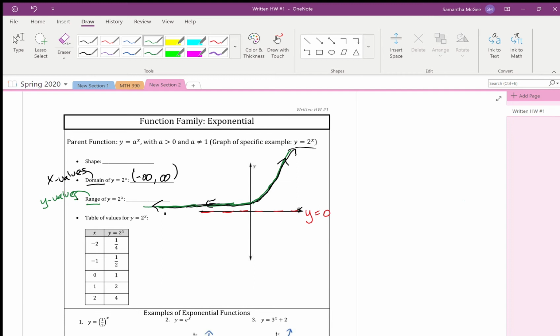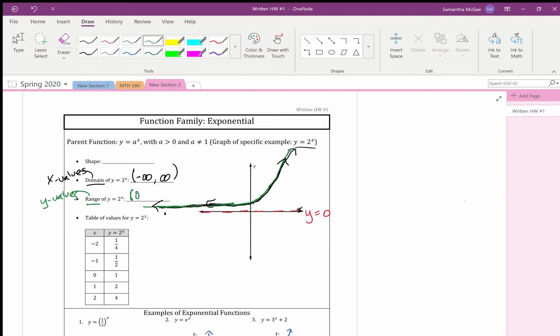To indicate that we're not including 0, we use a parenthesis. That says that we can get super duper close to 0, but 0 is not actually one of our outputs. Again, we go from smallest to biggest.